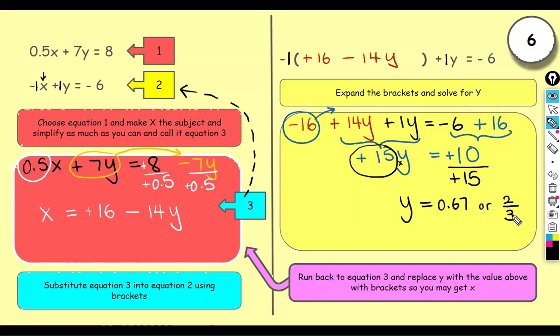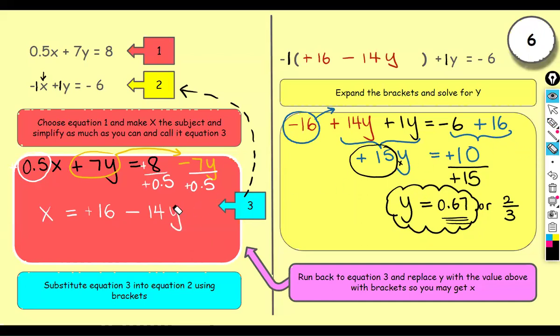I just feel bad about rounding off 1/3 and 2/3, but the official value would be 2/3. But I know we agreed that we're going to 2 decimal places. So I'm going to stick with my word. So this is why 0.67 or 2/3.